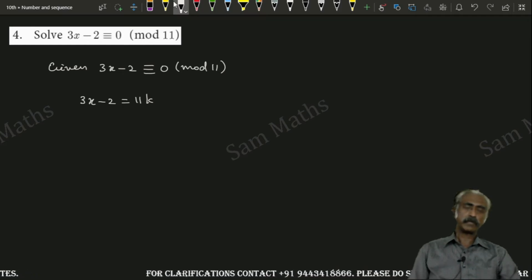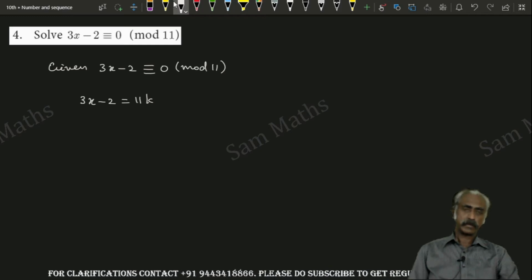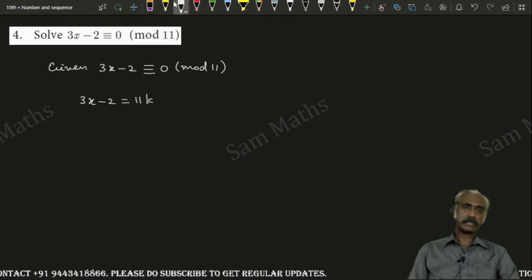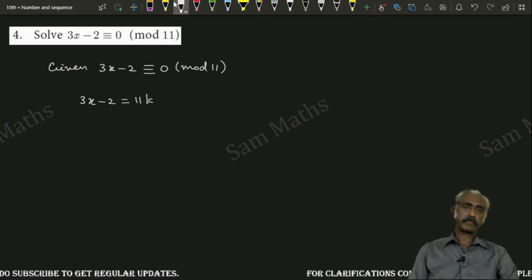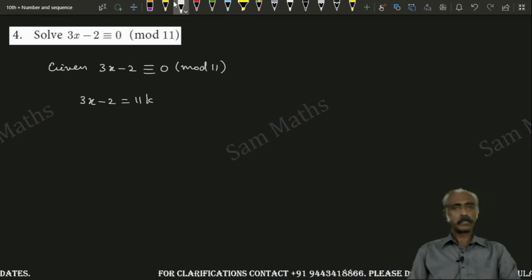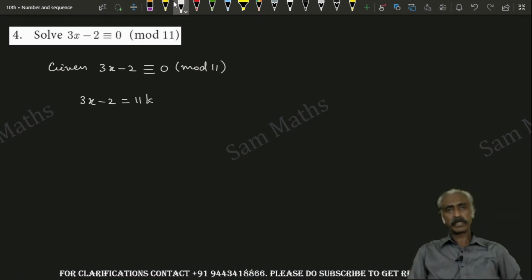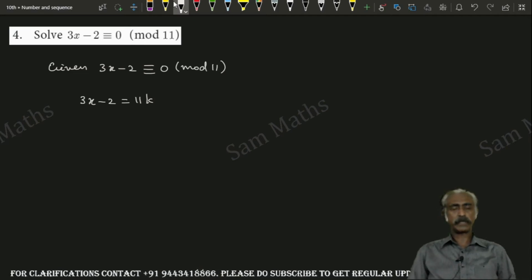So you have to give some values for x and randomly you have to check that. So you substitute 1, we won't get, 2, we won't get, 3, we won't get, 4. 4 3s are 12, 12 minus 2, we won't get that, am I right? So even 5, 3 5s are 15, 15 minus 2 we are not getting 11, am I right? Okay, 6 you substitute, we are getting 18 minus 2, we are not getting.